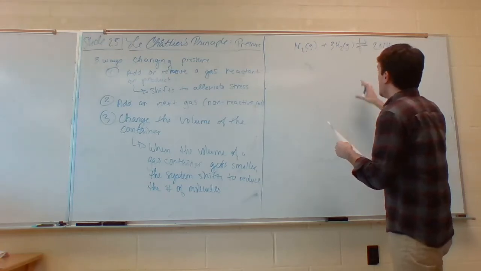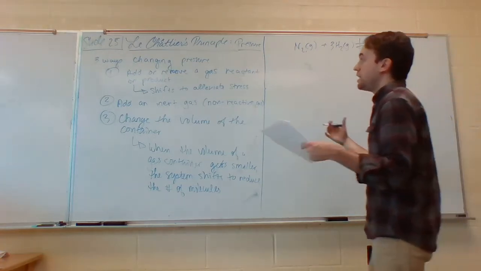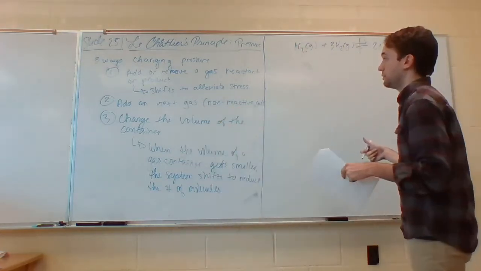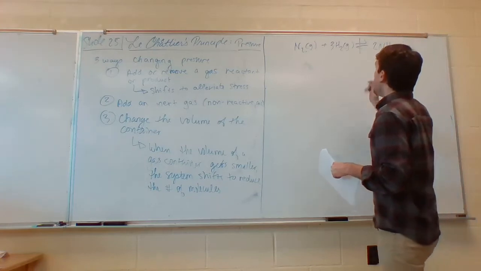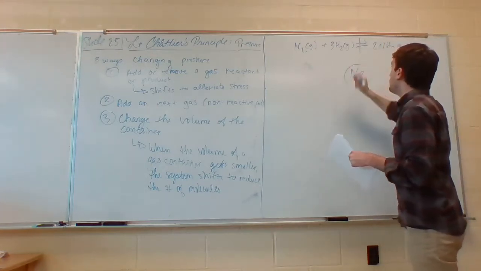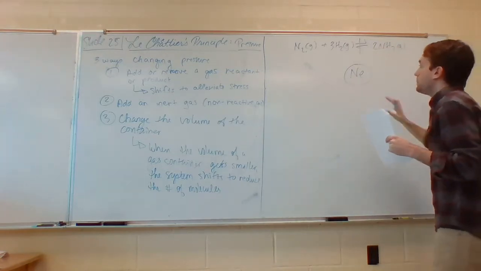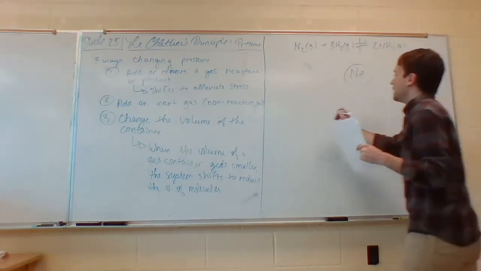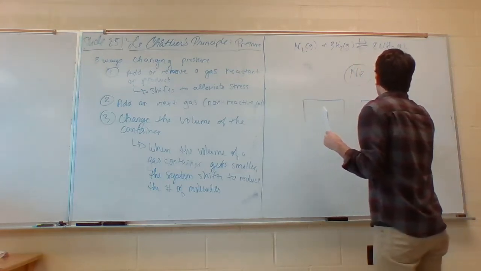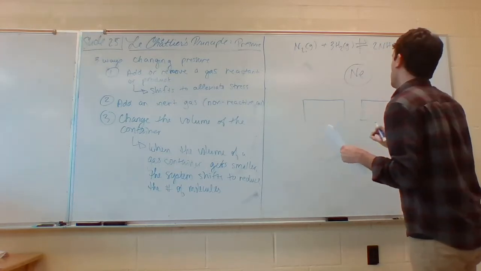Now, if I added neon in a large amount, if I added neon in a large enough amount that it changed the pressure, like I increased the pressure, okay? If I increase the pressure so much, like I've added so much neon that it takes up a large amount of space, then that means that the reaction will shift in order to allow for the lowest number of molecules.